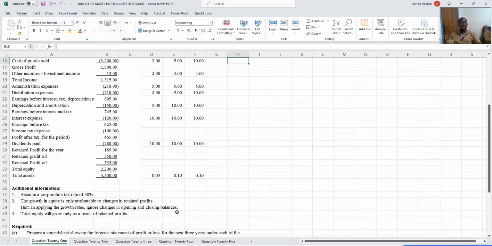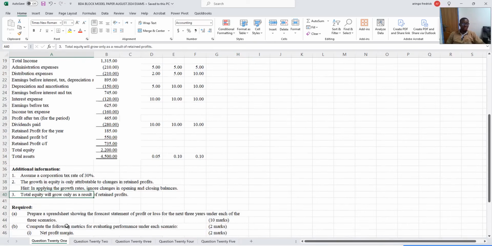So you're supposed to ignore the changes in opening and closing balances in applying the growth rates. Then, note 3, we're told that total equity will grow only as a result of retained profits. So our equity will always be affected as a result of our retained profits.